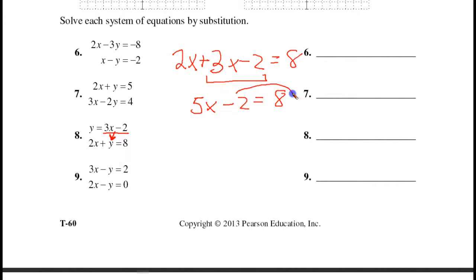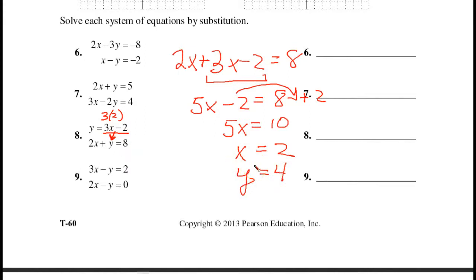We're going to transpose that negative 2 to this side. It becomes a positive 2. So we have 5x equals 10. x equals 2. So we take this 2 now and put it there. So it'll be 3 times 2 is 6. 6 minus 2 is 4.